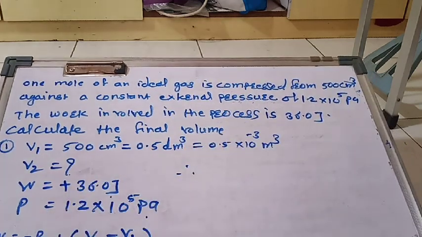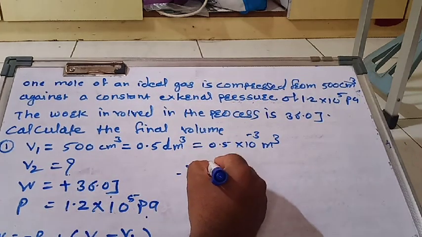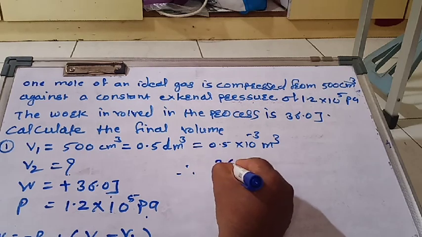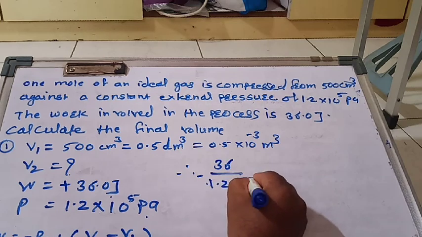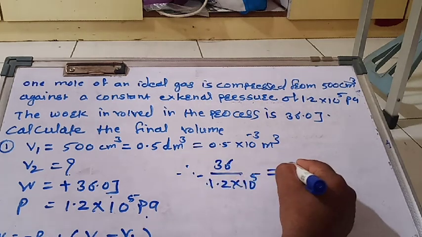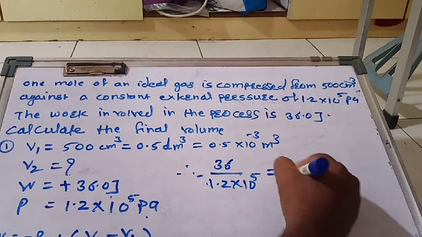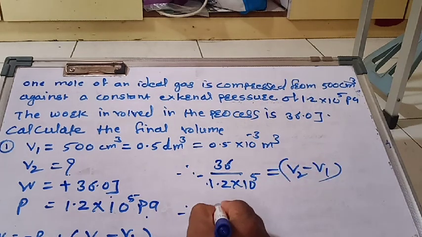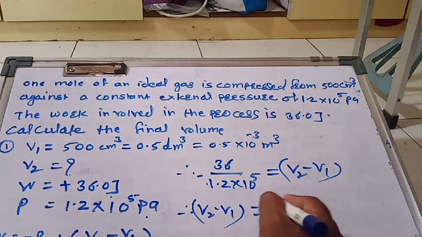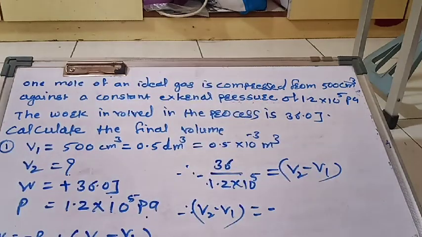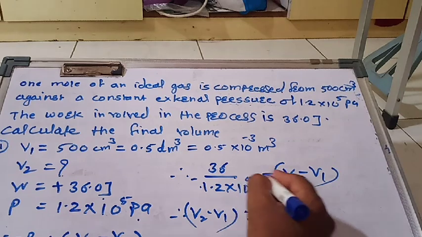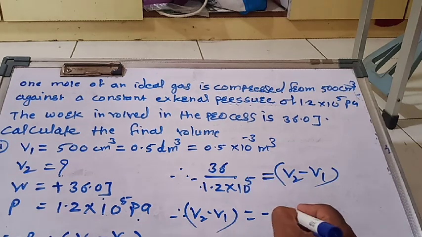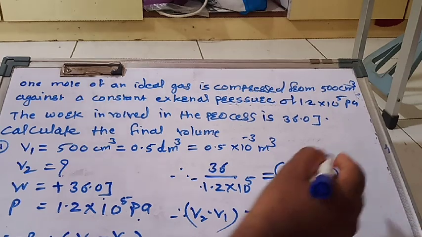Therefore, 36 upon 1.2 into 10 raised to 5 Pascal is equal to V2 minus V1. So therefore, V2 minus V1 is equal to minus, so now 36 upon 12, you will get 30 into 10 raised to minus 5.